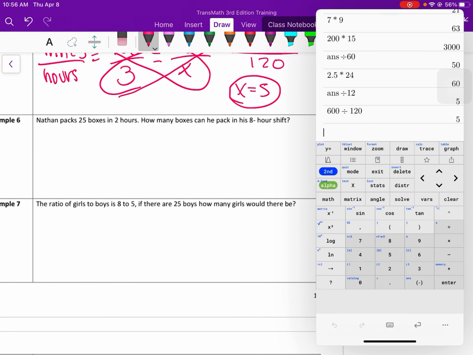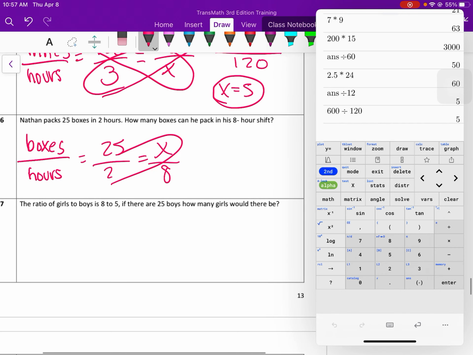So Nathan packs 25 boxes in 2 hours. How many boxes can he pack in his 8-hour shift? So we'll do boxes over hours. So 25 boxes in 2 hours, and then blank boxes in 8 hours.